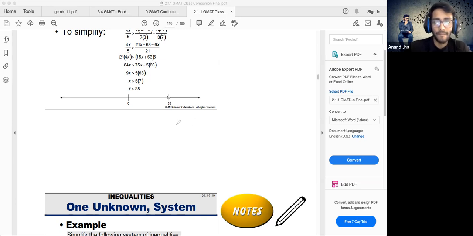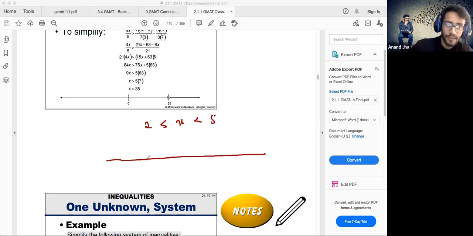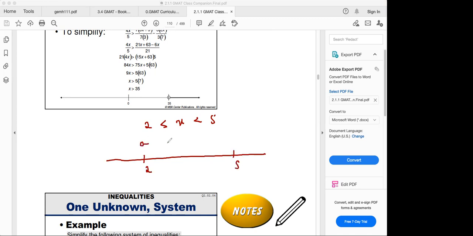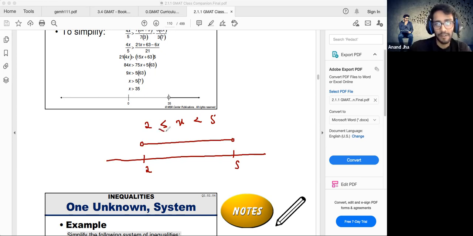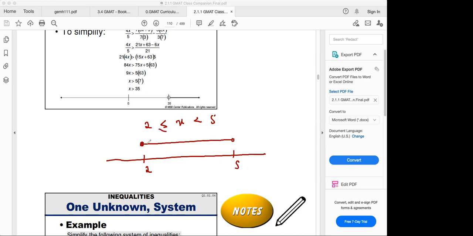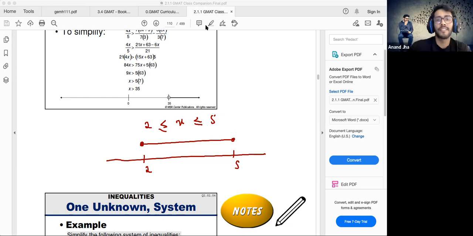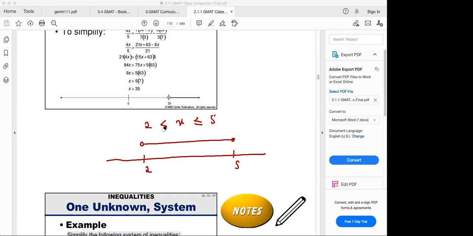Then what about this? Again, number line, 2 here, 5 here. The area between 2 and 5, but not including 2 and 5. Sometimes it will be given like this. So I'll color it to include 2. Again, this is given, I'll color it like that. Numbers between 2 and 5, including 2 and 5. Or this can be this way also.